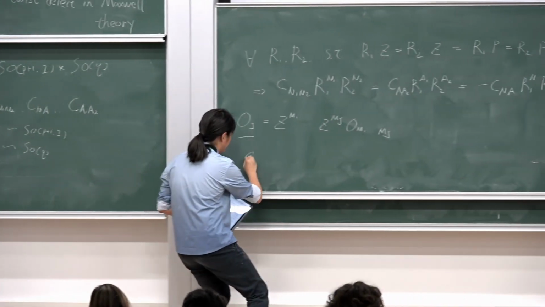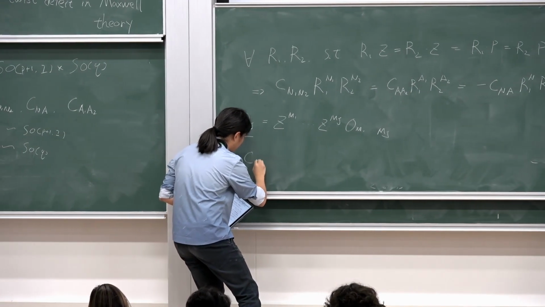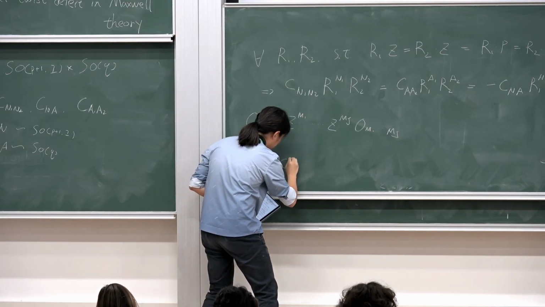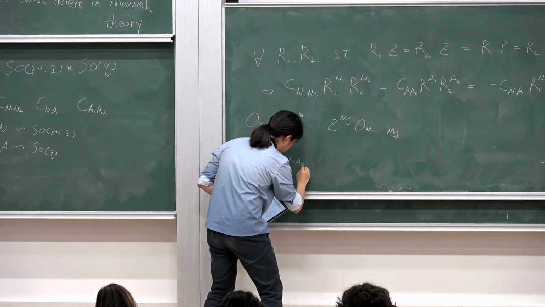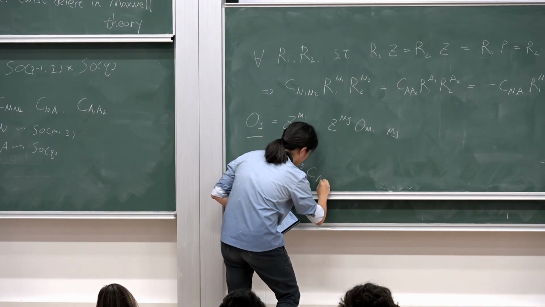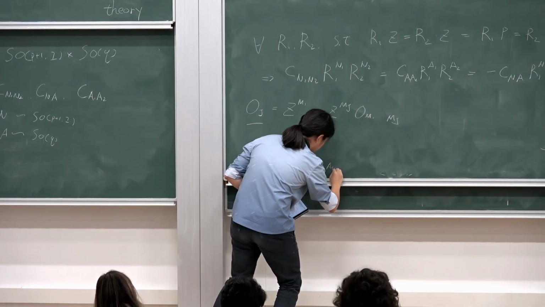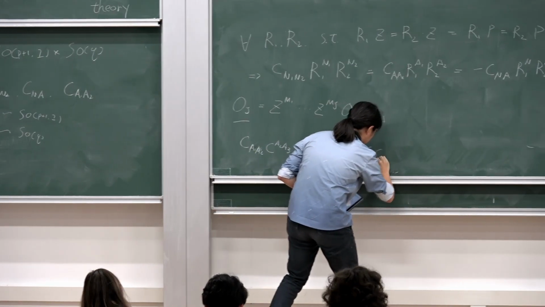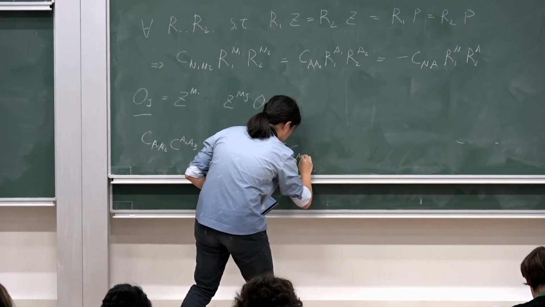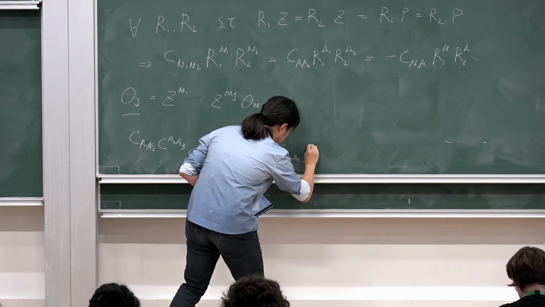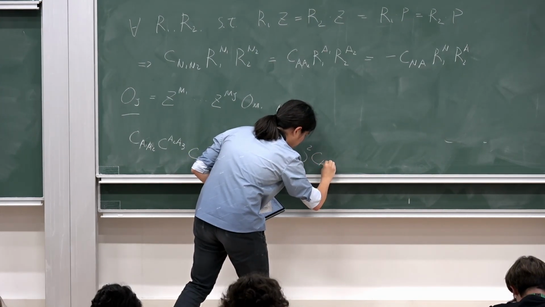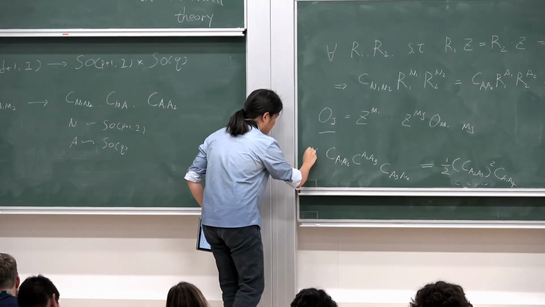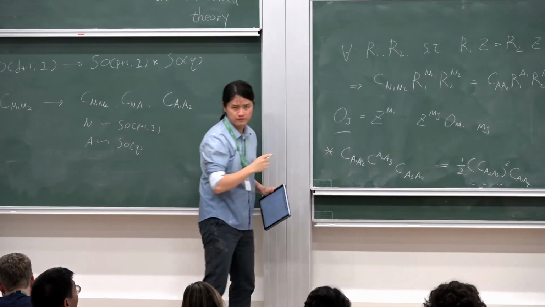And you can clearly find that C, A1, A2, when contracted with themselves, which is something you can also verify ahead by taking this condition.